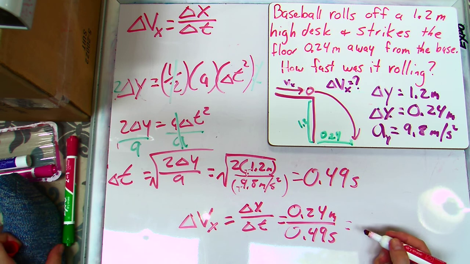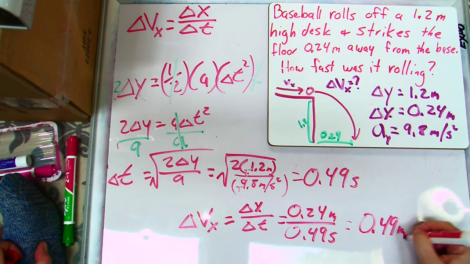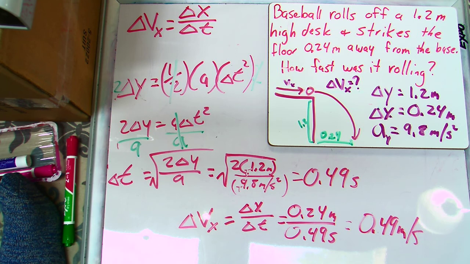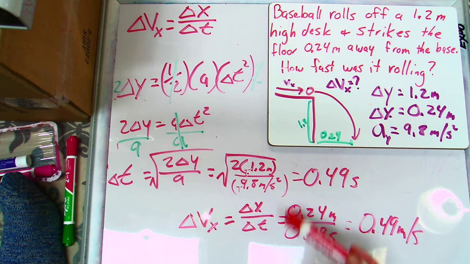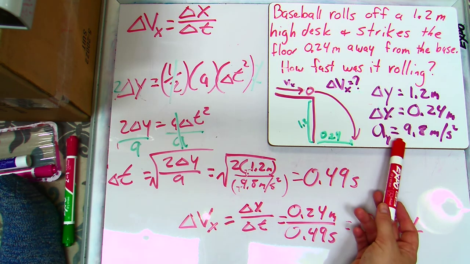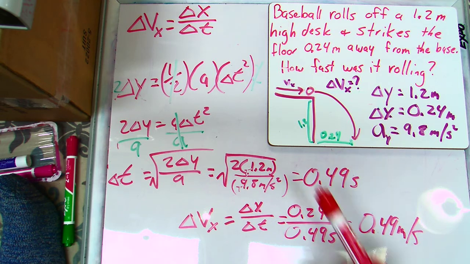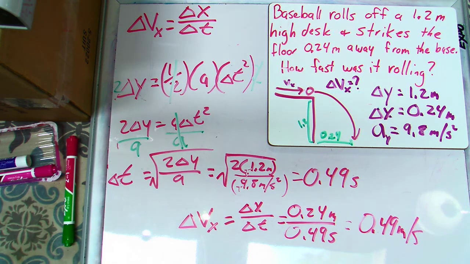And assuming I did my math correctly, it is 0.49 meters per second. All right. It seems complicated because we have to include y equations as well as x equations. But once you have more practice in identifying the knowns and working them together, it does become easier. Let's go ahead and do another one, shall we?